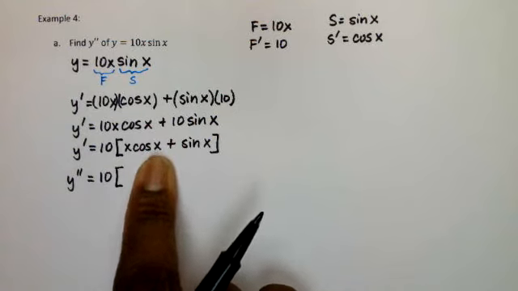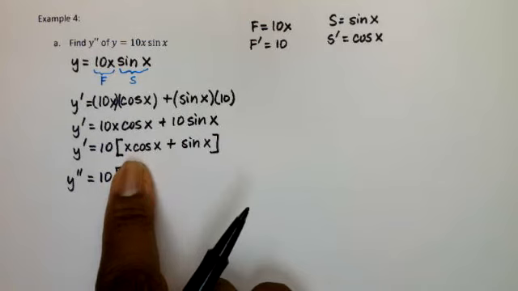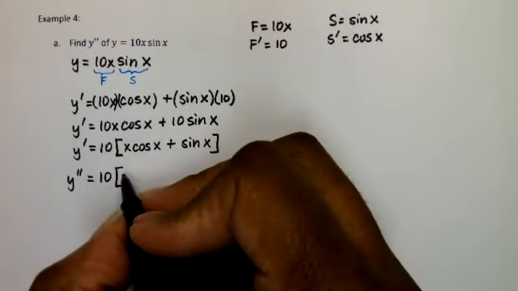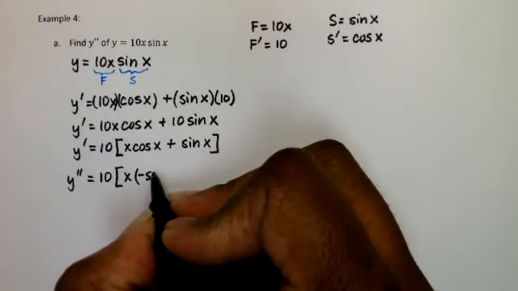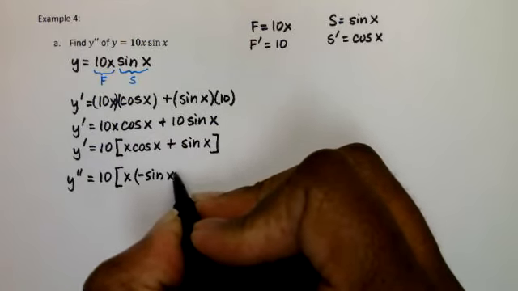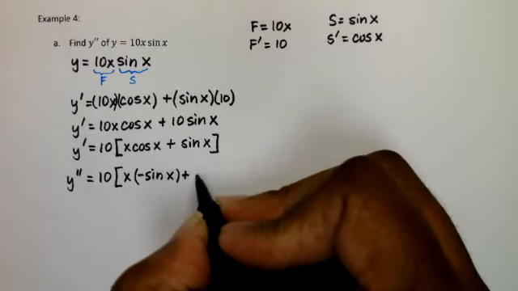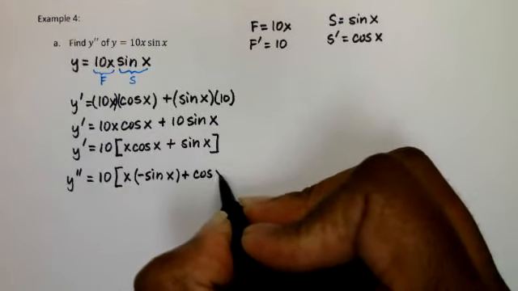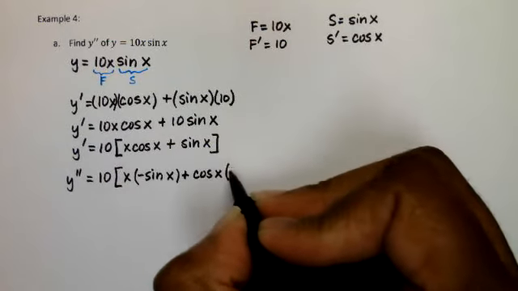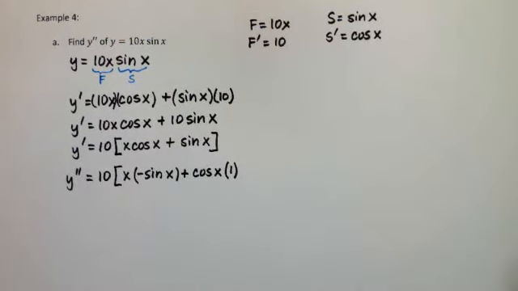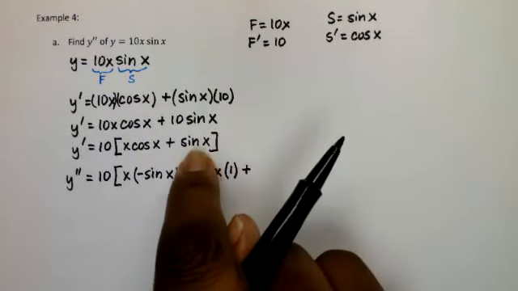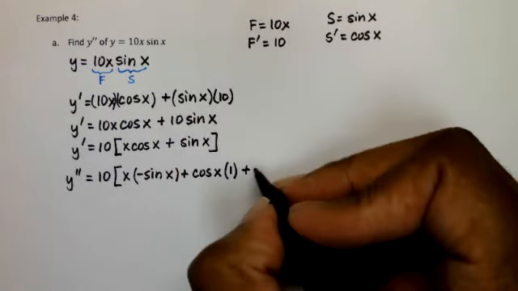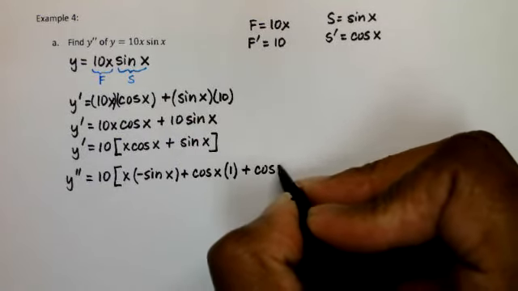First, which is your x, times the derivative of the cosine of x, which is, of course, negative sine of x, plus the second, which is cosine of x, times the derivative of the first, which is 1. And then plus the derivative of the sine of x, which is simply the cosine of x.